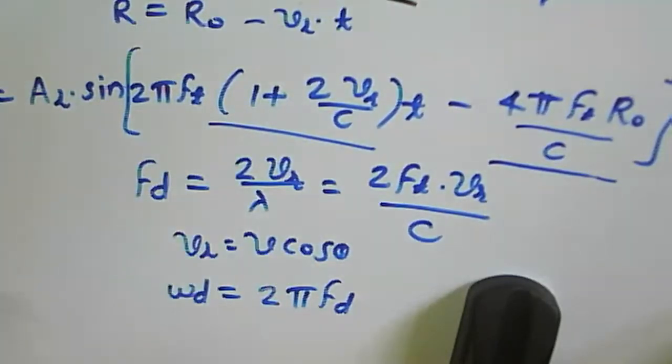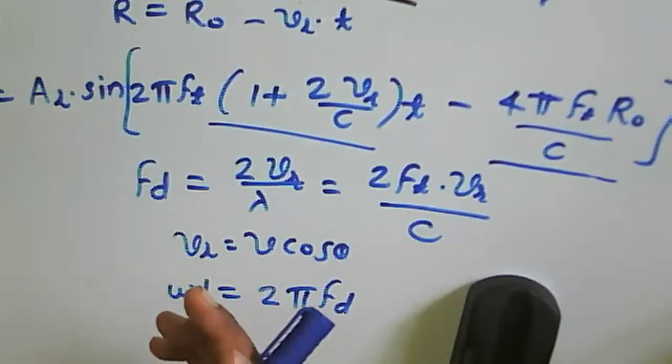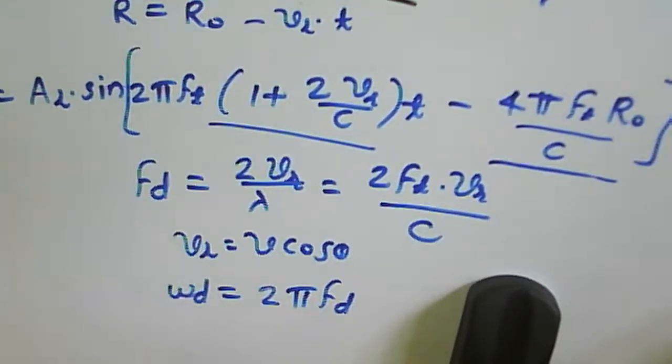Now if the target is moving toward the radar or moving away from the radar, in that case there is a change in the sign of the fd.